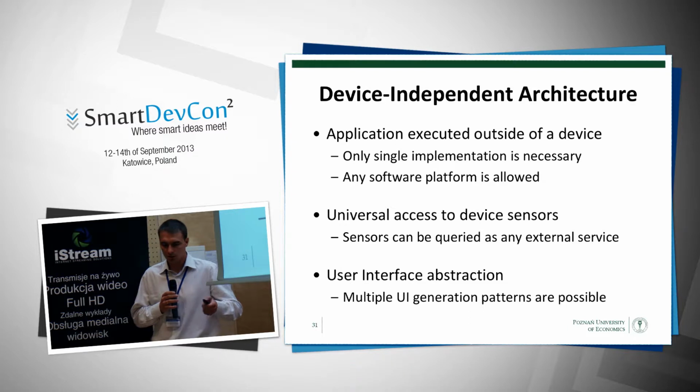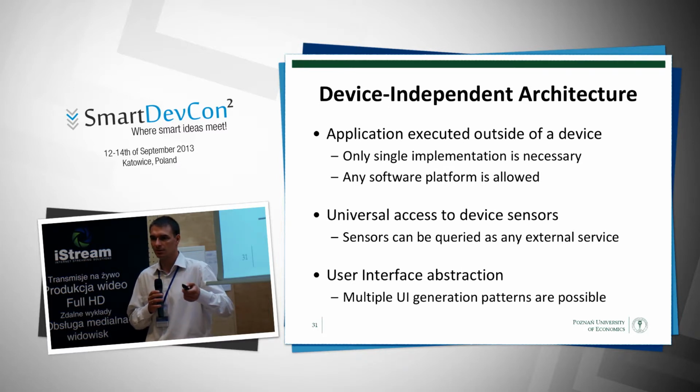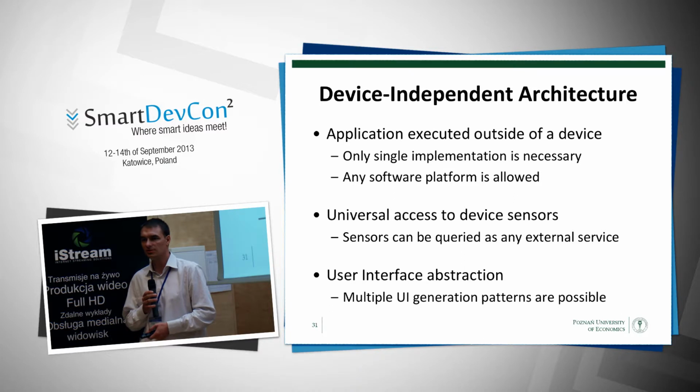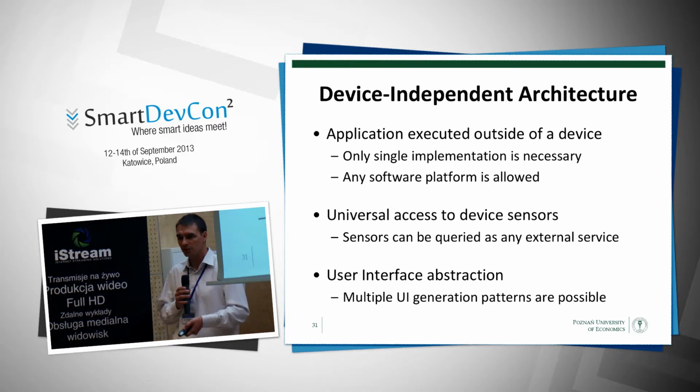So the user interface generation can be done in a standard way, where, like with a web browser, you send the UI description to the device, and the device actually interprets the UI described in HTML and CSS and renders the UI on the device. But it can be done also in different ways.